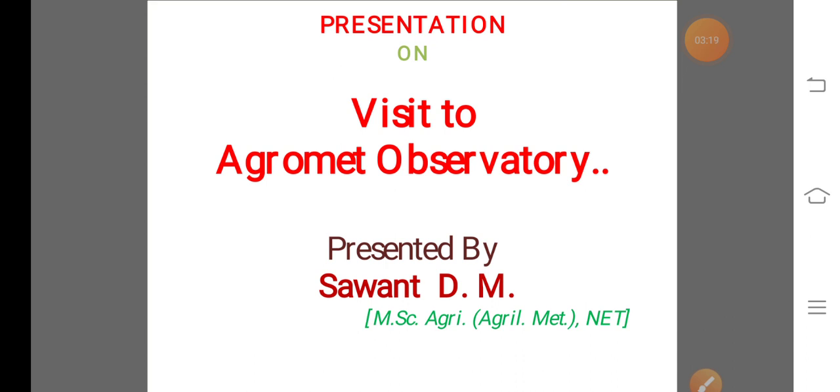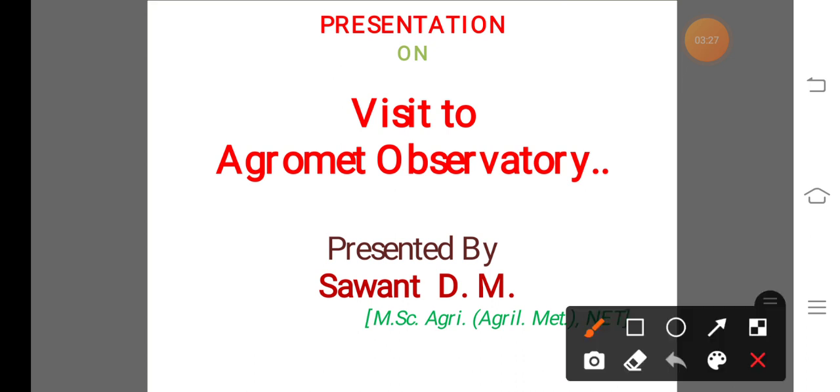Or you can note down the classification of types of agromet observatory in any notebook or any register. It is important for the semester practical exam.